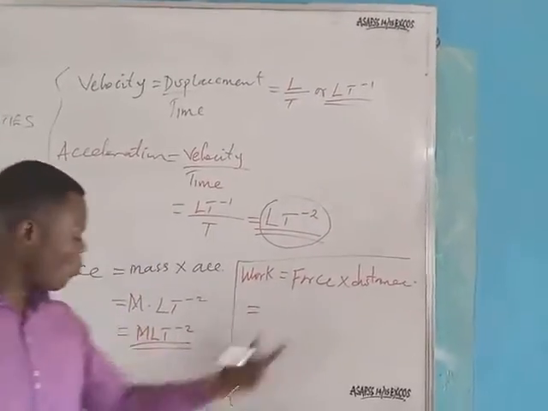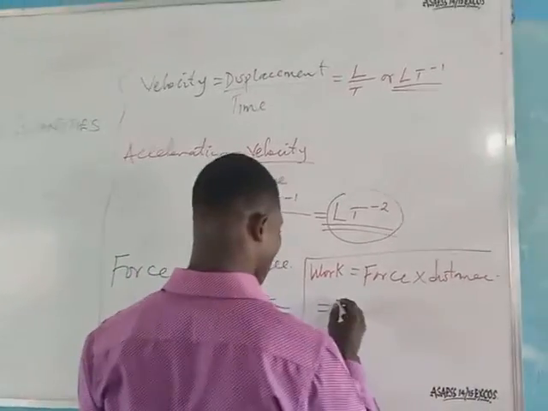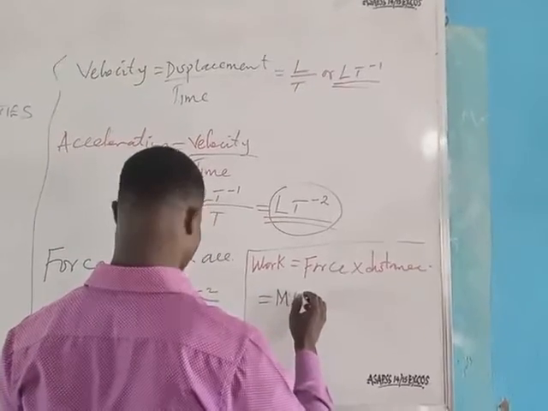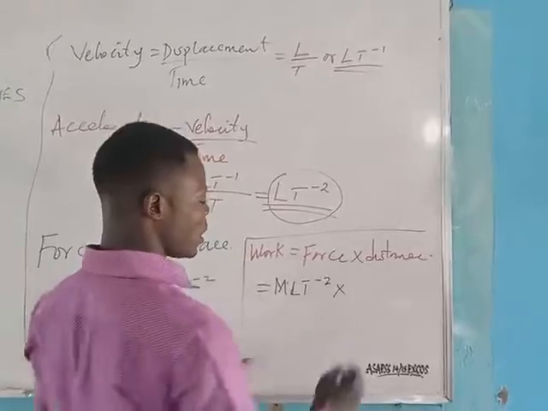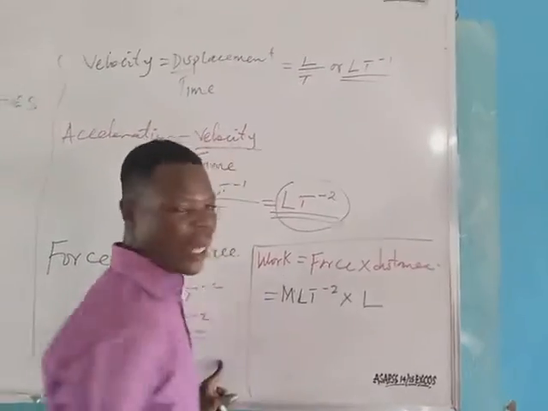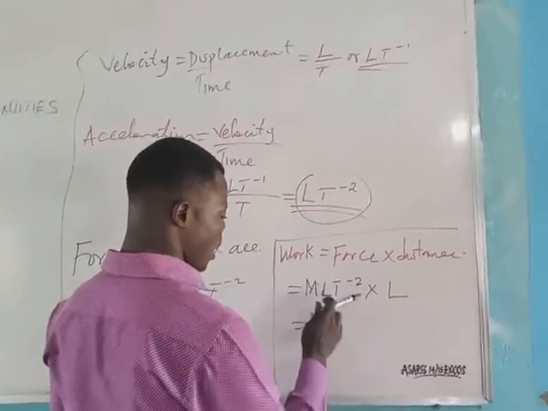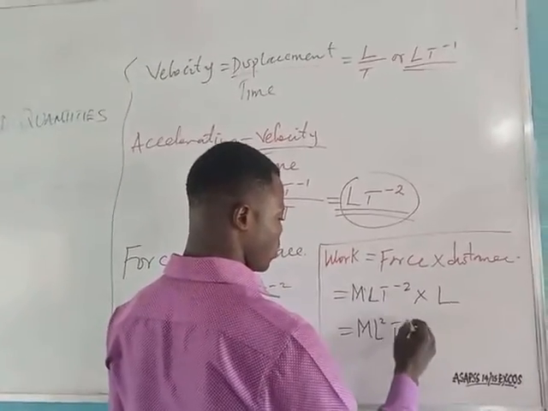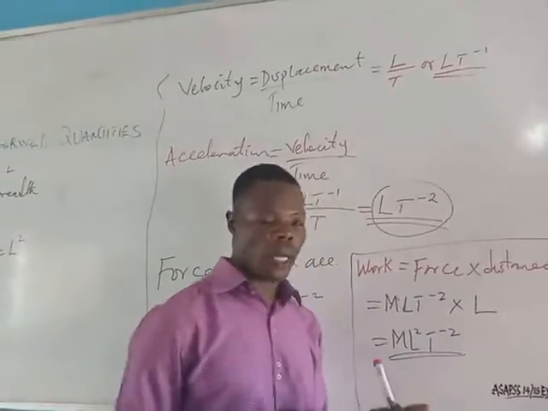And the dimension for force we said is MLT^-2. So we are going to have MLT^-2 times distance. The dimension for distance is L. So this will give us M, and L times L we have L squared, then T^-2. So this is dimension for work done.